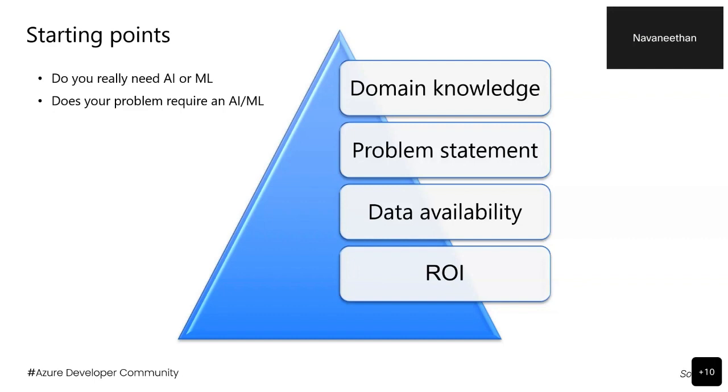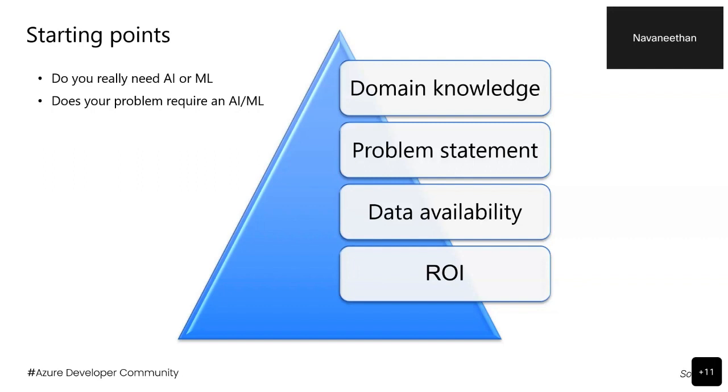Before starting, there are four different categories we need to concentrate on. The first one is domain knowledge. It is common to everything, even software engineering or IT development; domain knowledge is very important. The same applies to the AI field as well.